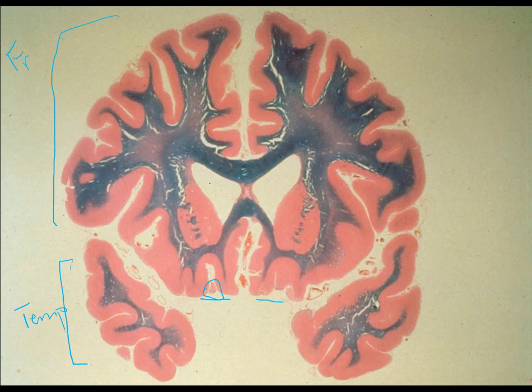Okay? This is lateral ventricles. Okay? This is corpus callosum. This is adjacent to the ventricle, caudate. This is putamen.